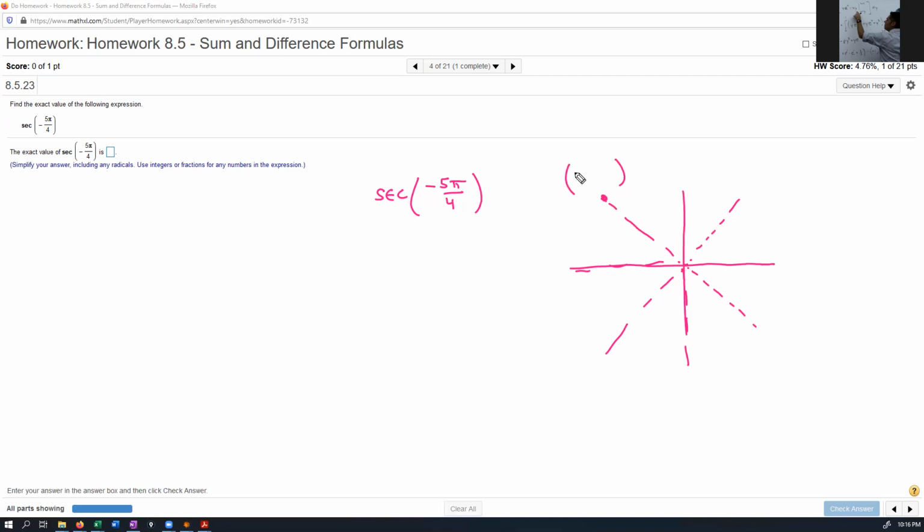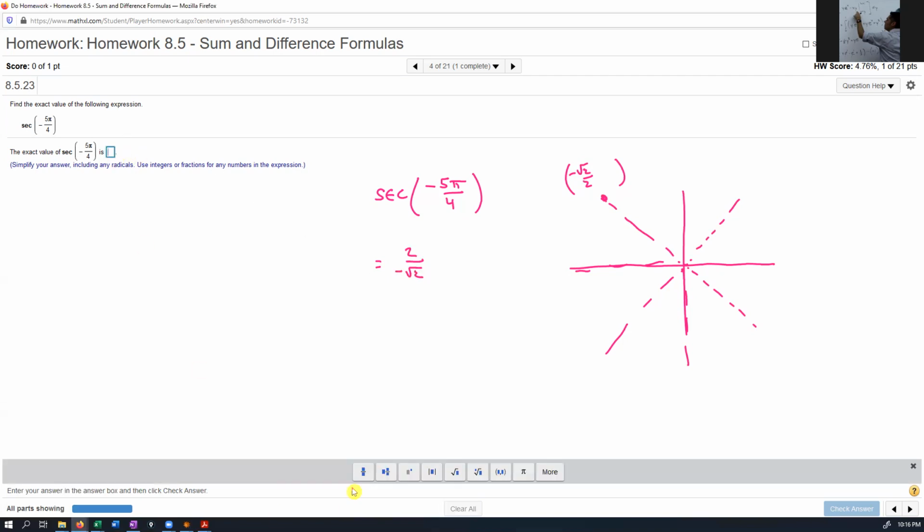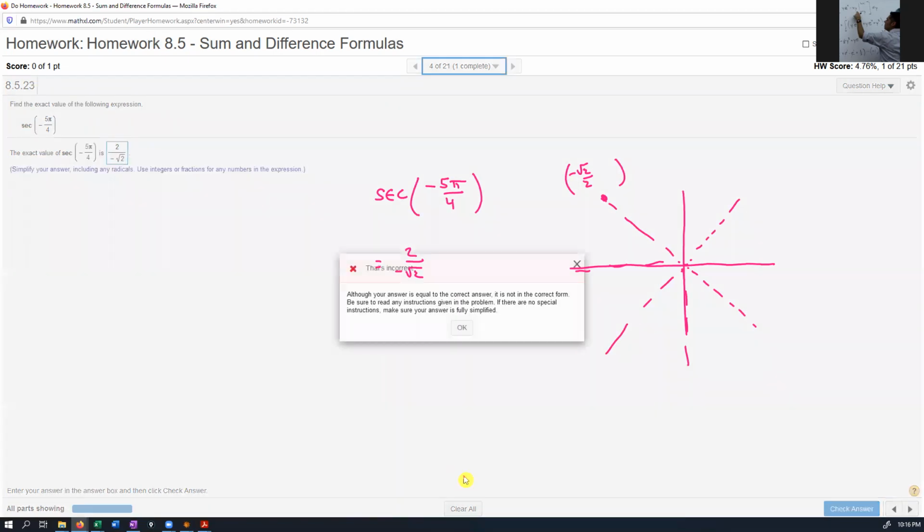The x-coordinate here is negative root 2 over 2. So secant of that should just be that flipped over, which is 2 over negative root 2. I didn't even need anything on this one.